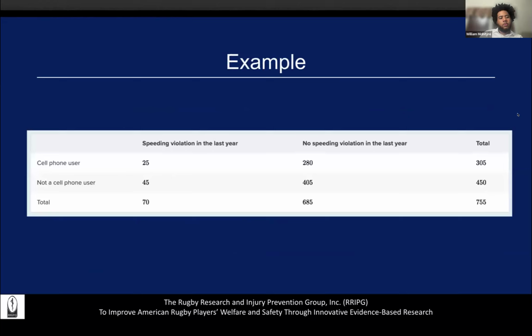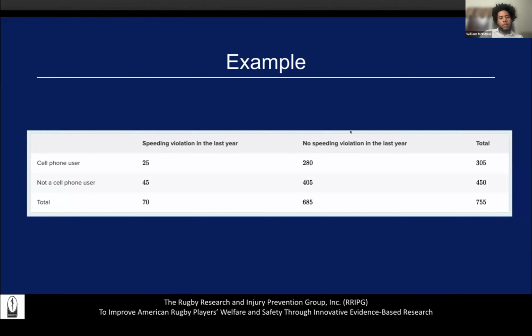So this is the first example. It shows cell phone users, who is and who is not a cell phone user, and whether they got a speeding violation in that year or no speeding violation in the last year. As you can see, the X column shows speeding violation in the year and no speeding violation in the last year, whereas the Y row shows cell phone user and not a cell phone user.